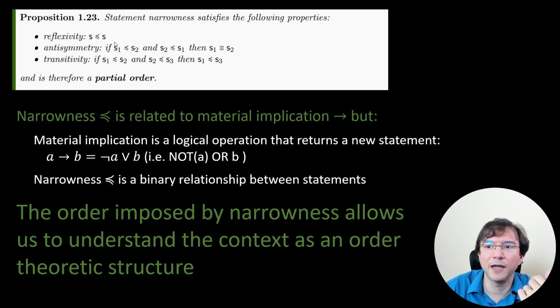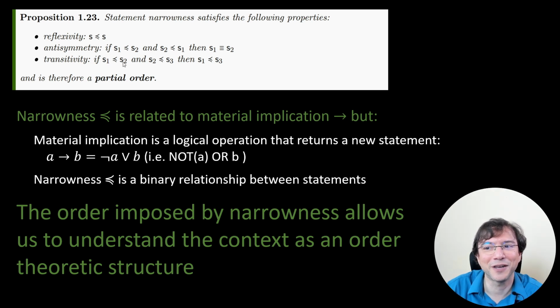You need this relationship to be antisymmetric, such that if S1 is narrower than S2, and S2 is narrower than S1, then you have the same statement. So if S2 is true when S1 is true, and S1 is true when S2 is true, then they're equivalent, and that makes sense. And then you have transitivity.